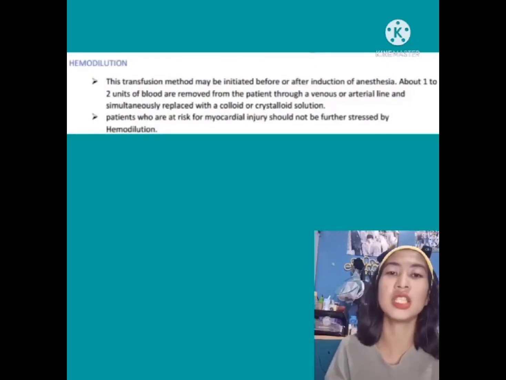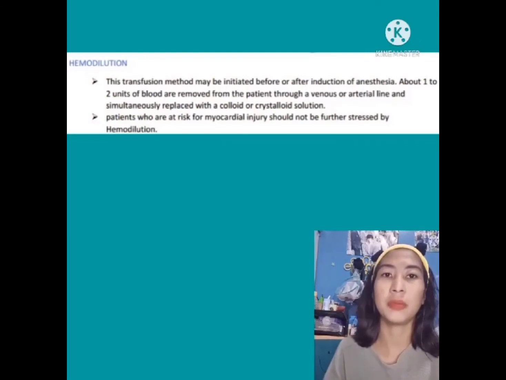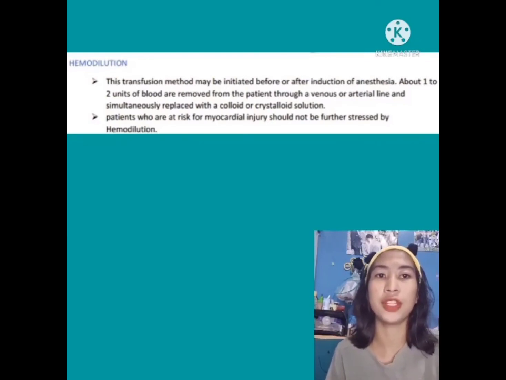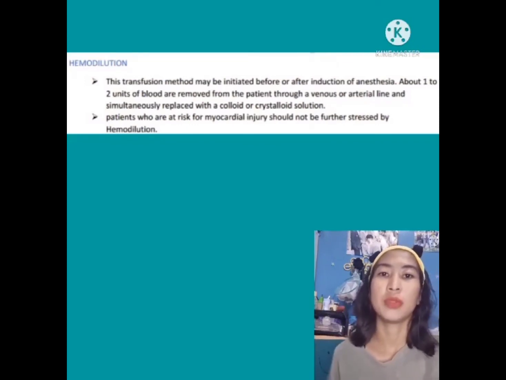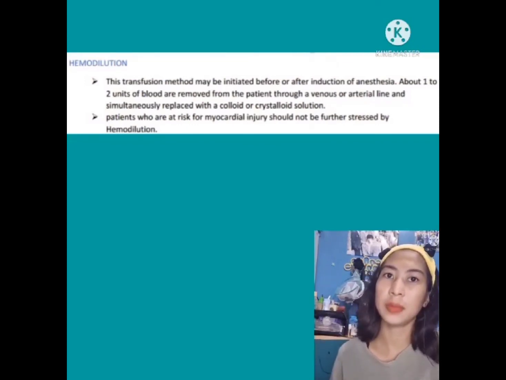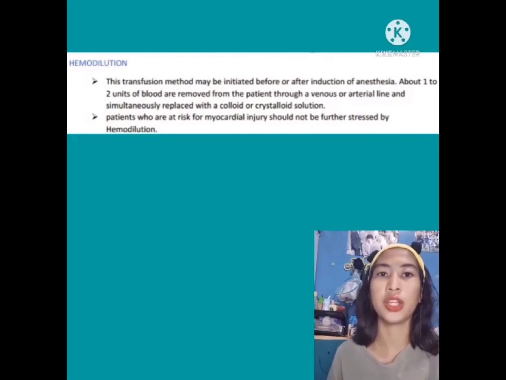The next one is hemodilution. This transfusion method may be initiated before or after induction of anesthesia. About 1 to 2 units of blood are removed from the patient through a venous or arterial line and simultaneously replaced with colloid or crystalloid solutions.